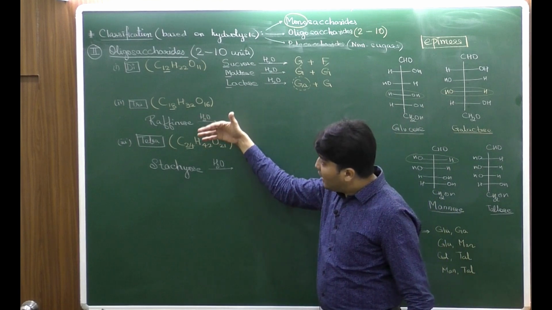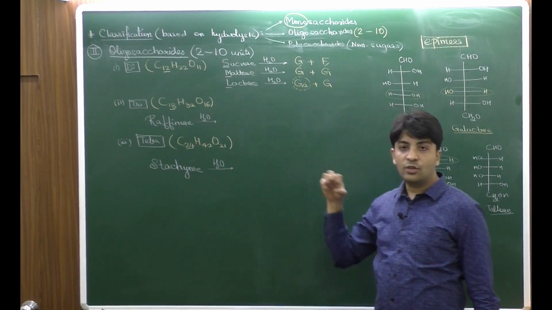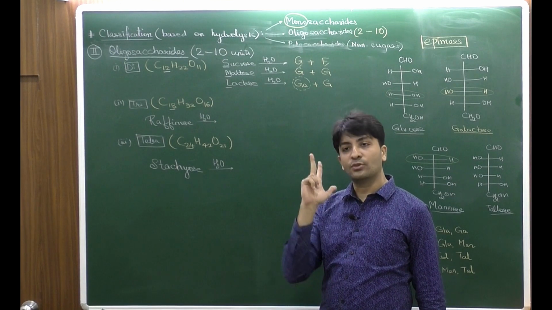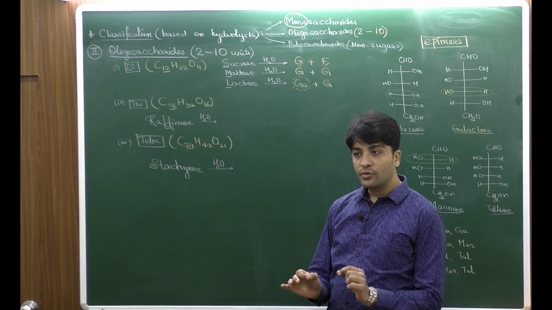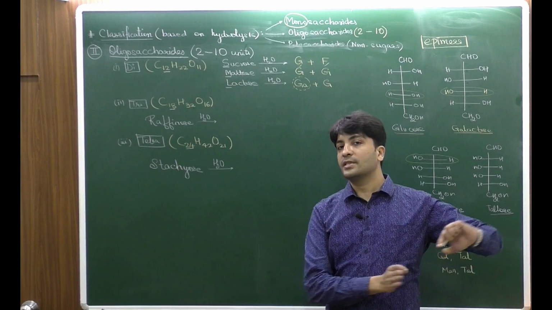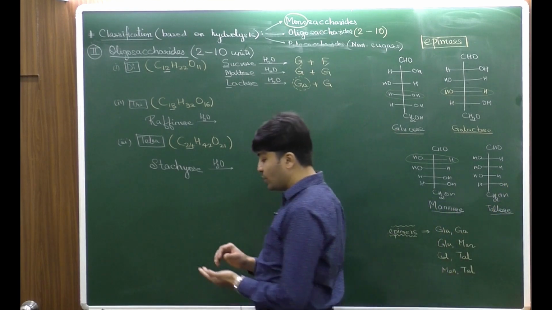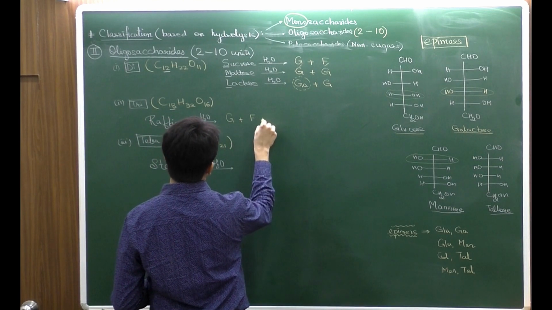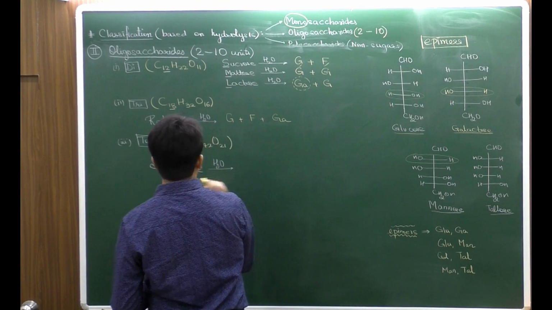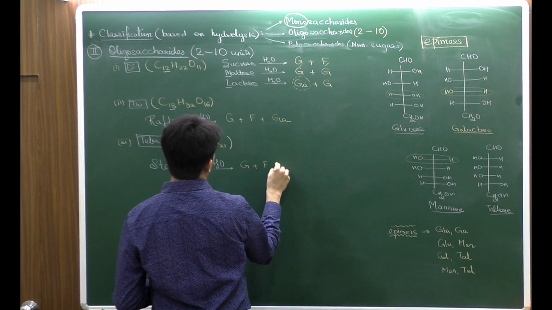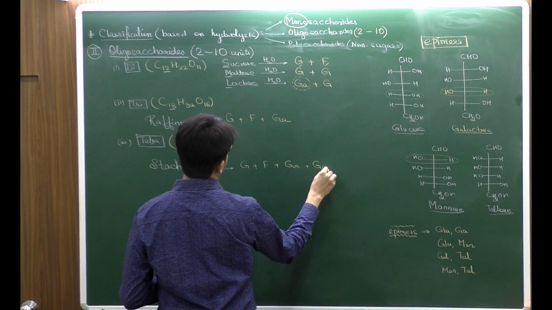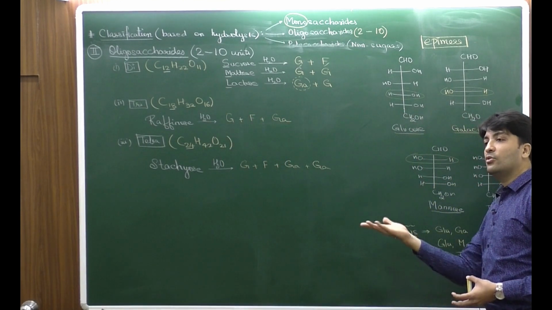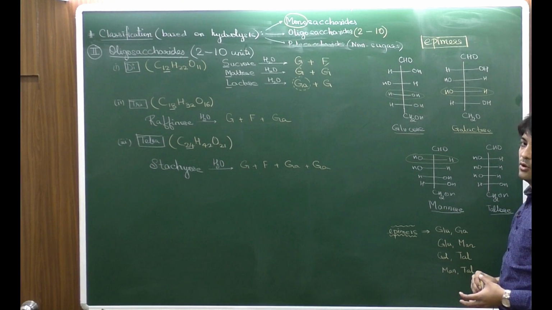Now generally after the disaccharides, the units are common: glucose, fructose and the remaining galactose. Glucose, fructose and whatever is left, galactose. So what will raffinose hydrolysis give? Glucose, fructose, galactose. Stachyose: glucose, fructose, galactose. Now if penta is also asked, then glucose, fructose and 3 units of galactose, and so on.